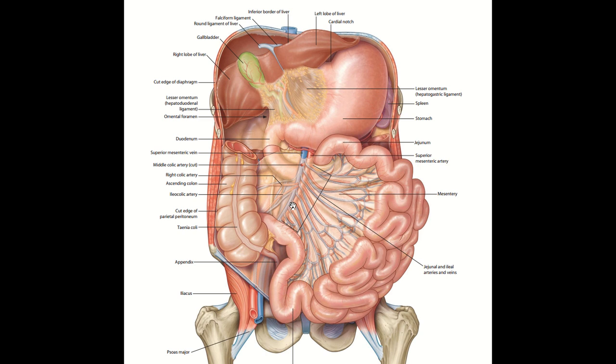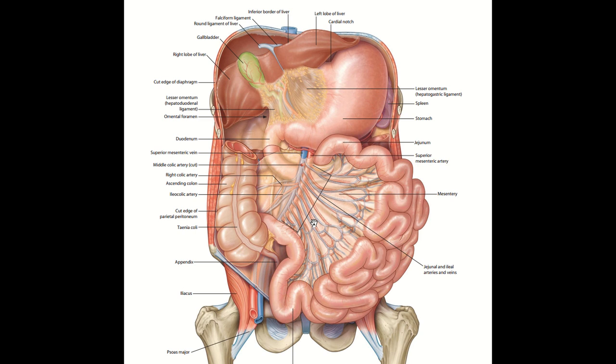This mesentery is going to allow passage of the neurovascular structures, which is your blood supply via superior mesenteric vessels, your lymphatic drainage, and your nerves to the small intestines. You understand? So there is a distinction between the jejunum and the ileum.